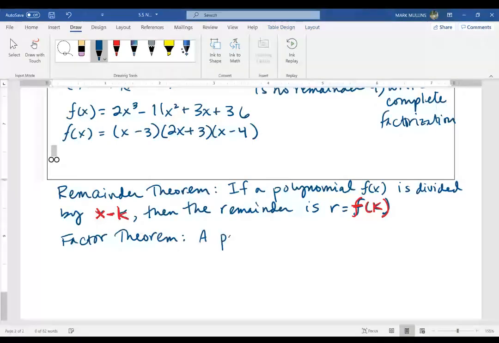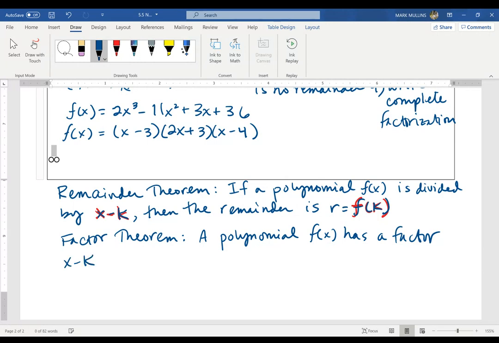Factor theorem: a polynomial f of x has a factor x minus k if and only if, I know that sounds like geometry language now, f of k equals 0.